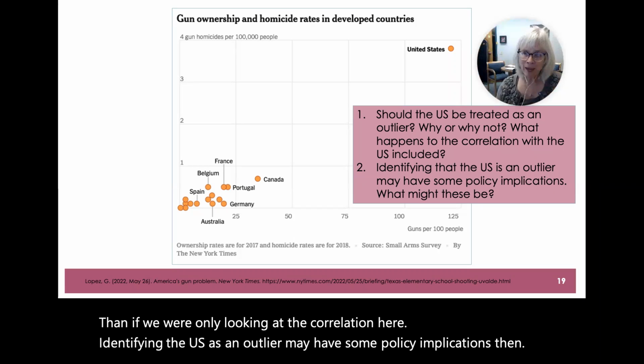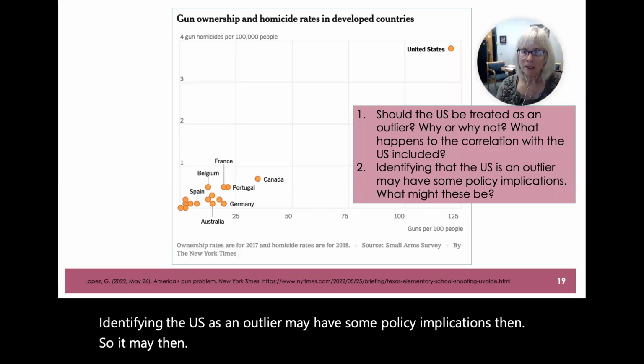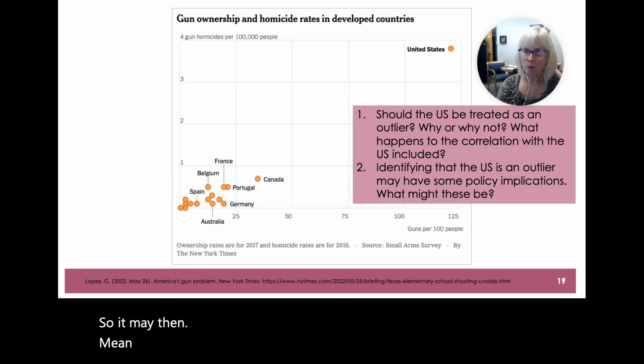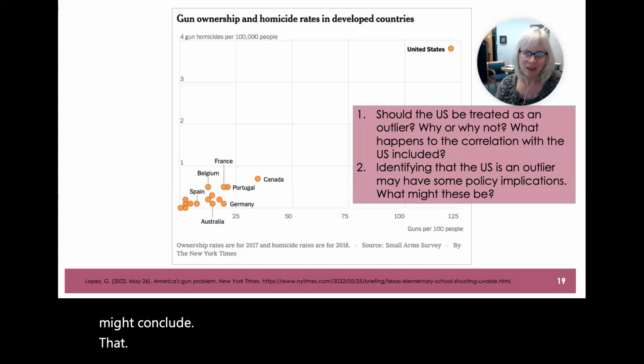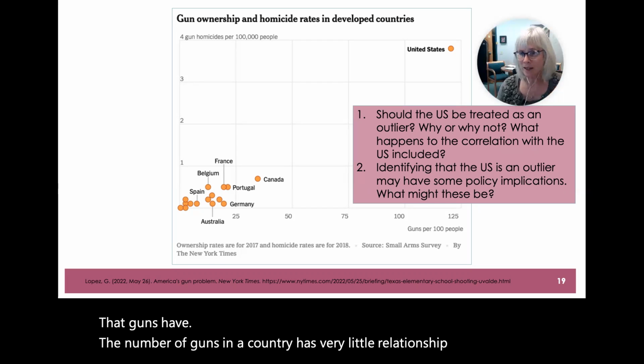So it may mean that the World Health Organization, for example, might conclude that the number of guns in a country has very little relationship to the number of homicides in the country.